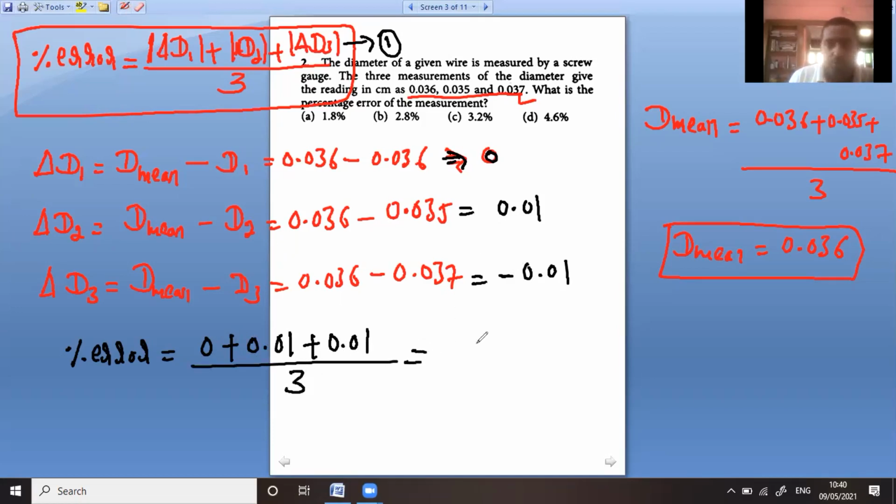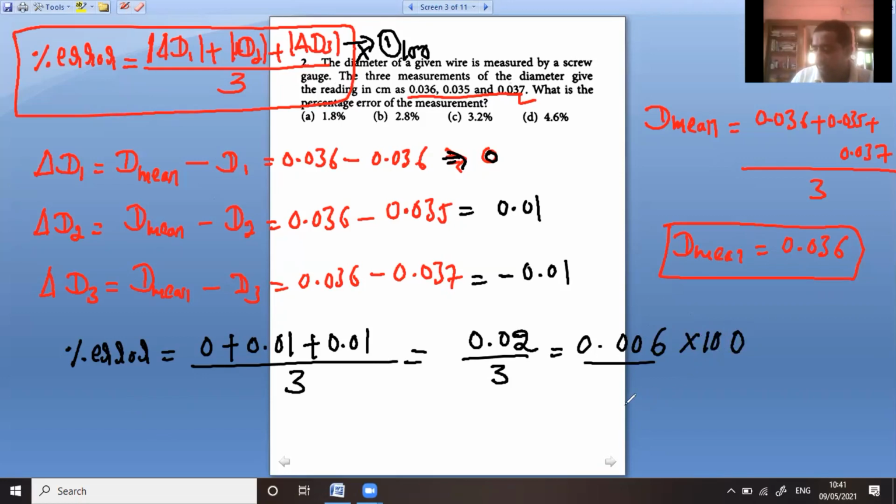So that is equal to 0.002 divided by 3, that is equal to 0.0006 approximately. Okay, then for the percentage error, multiply into 100.